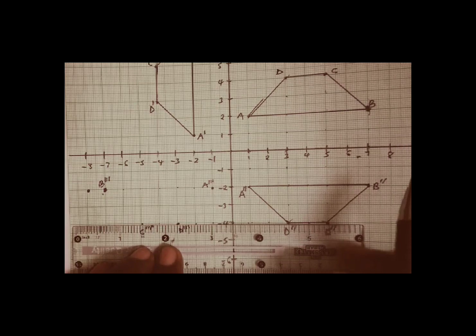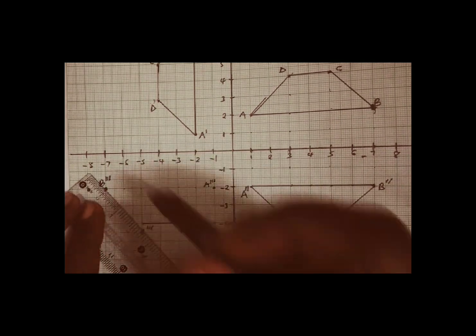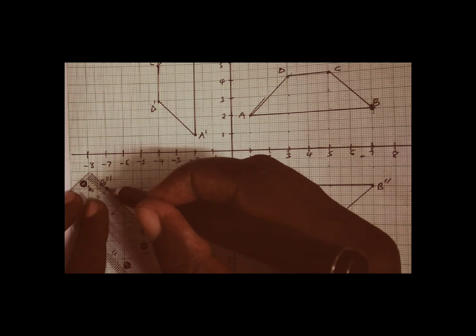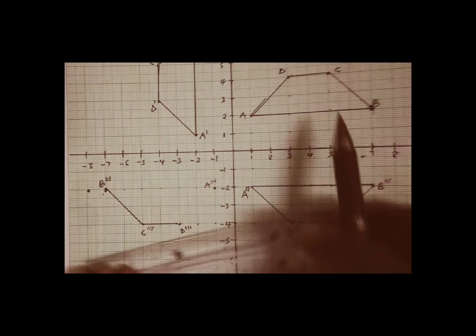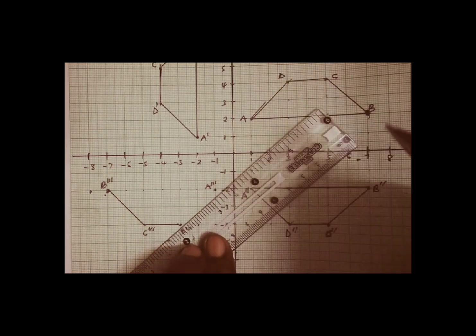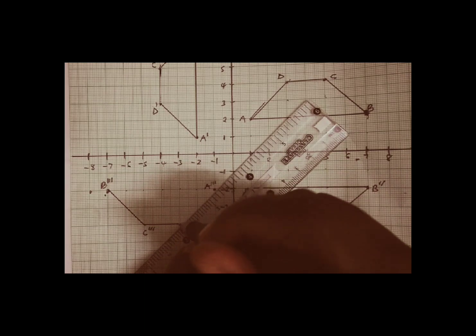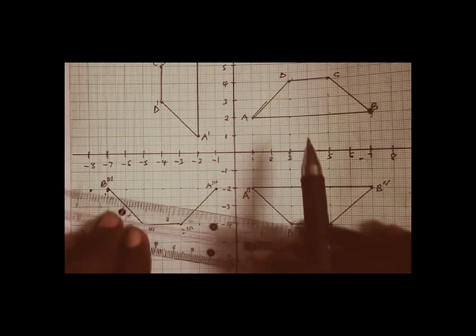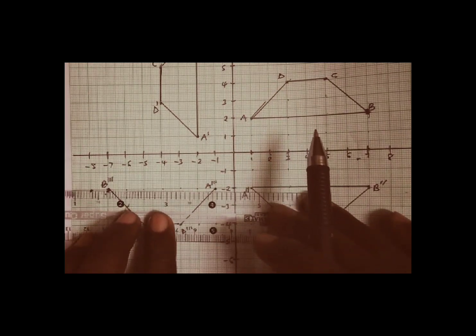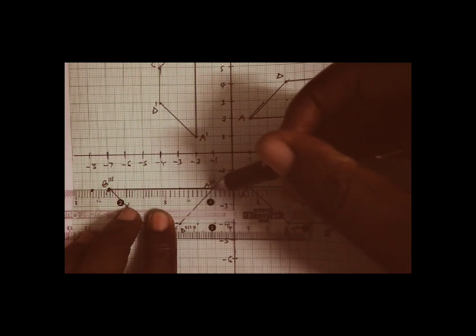Having done that, now we can join these points as follows. We can join these 2 points like this. Then we join B and C like this. Then we join D to A. And lastly, we join this point to this other one.